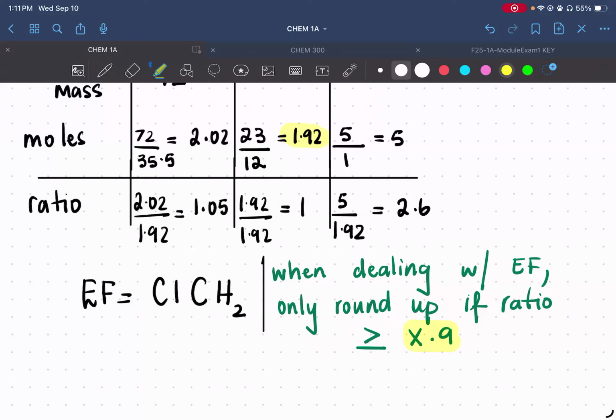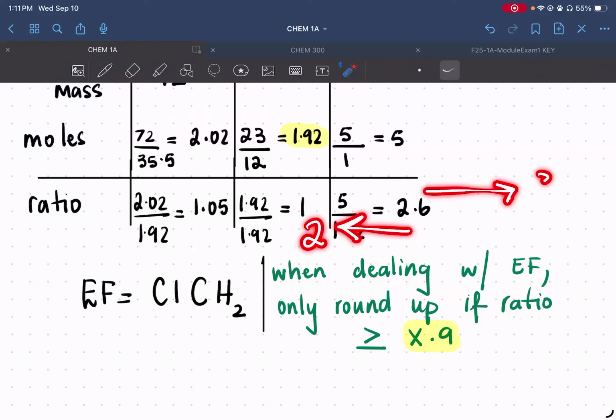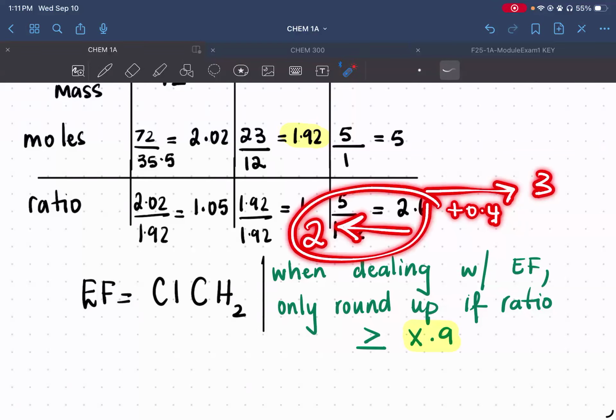The reason for that is more logistical. It's safer to round down to 2 than to round up to 3, because if you're wrong, you're basically making up 0.4 amount of that atom. And it's just like, where is this coming from? Are you just making up matter? But we can confidently say that there is at least 2.